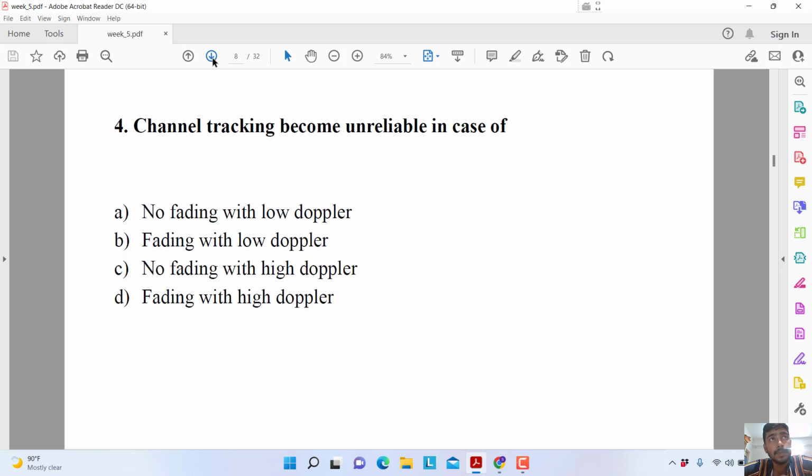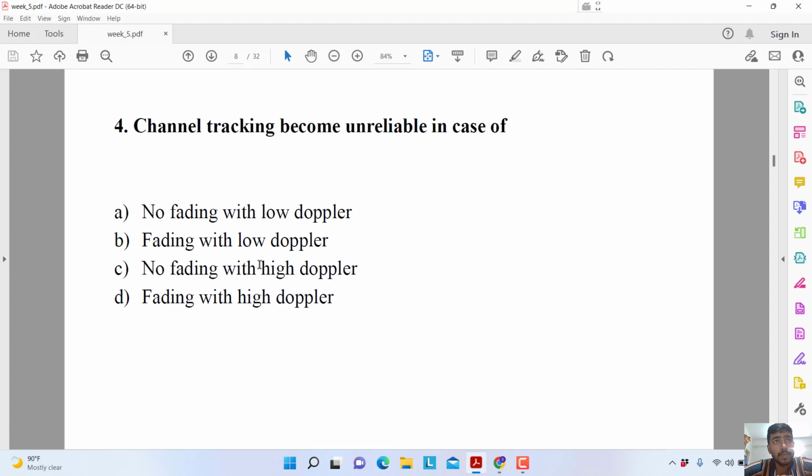Question number 4 is on your screen and it's asking: channel tracking becomes unreliable in the case of what? We have to tell in which case our channel tracking becomes unreliable. There are 4 options given. Option B is fading with low Doppler.